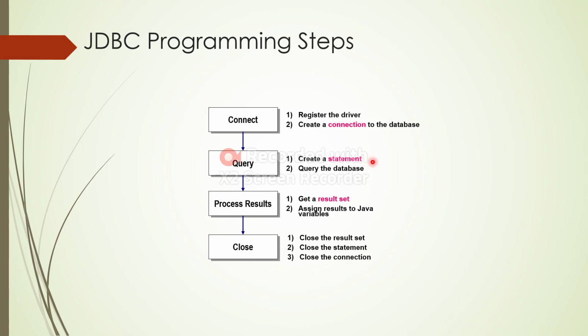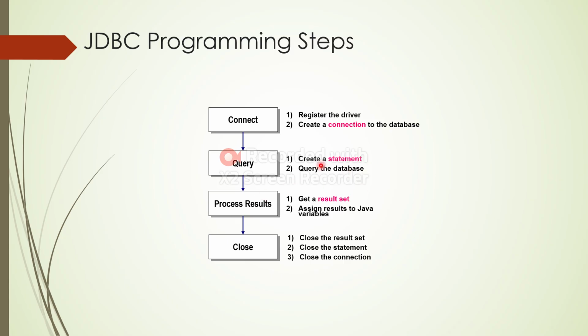At the top you get registration number, then name, then mobile number, CGPA. Then each row has some value. Mr. X has this number, this value. Mr. Y has this number, that value. Miss Z has this number, this value, CGPA. So like this. Individually it is one data in a single record, and you have multiple records. That is nothing but your result set.